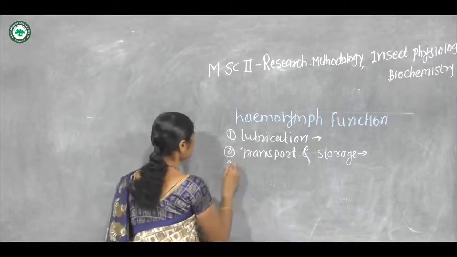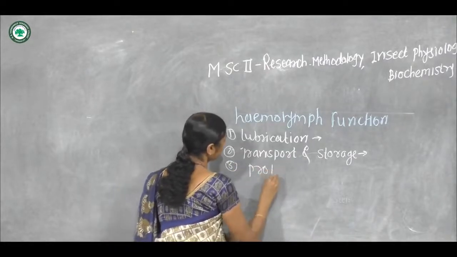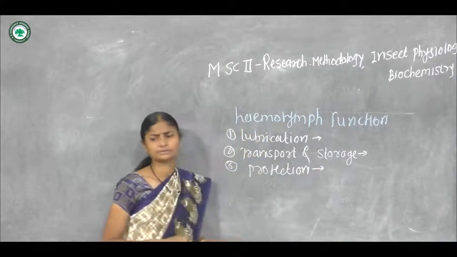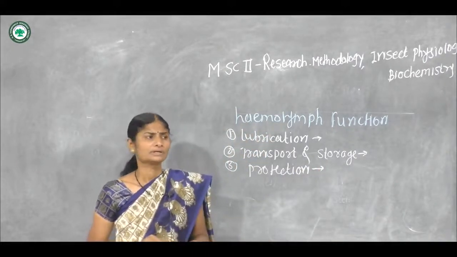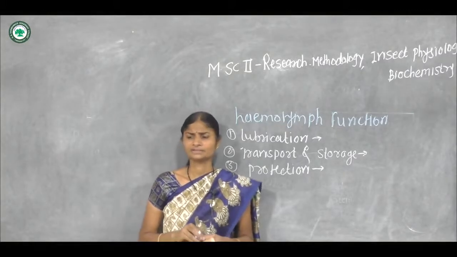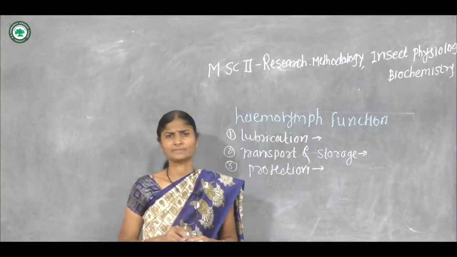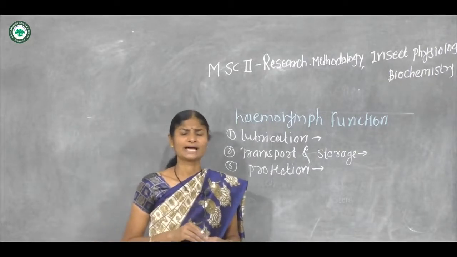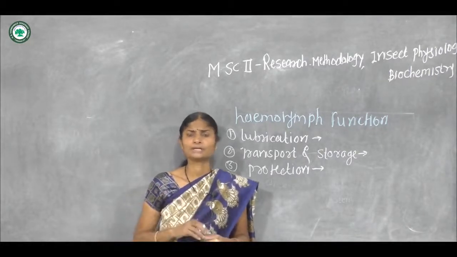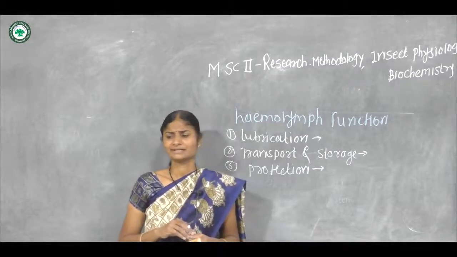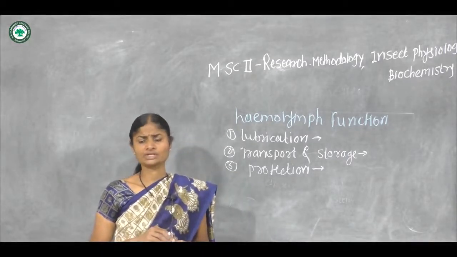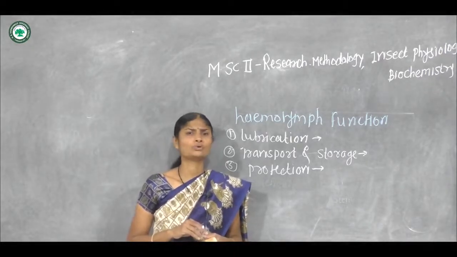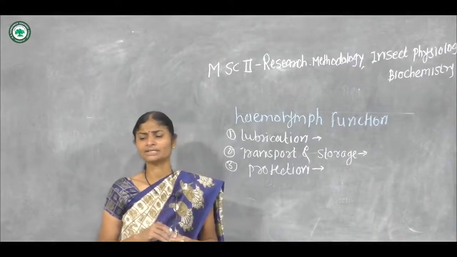Third function is protection. Hemolymph protects. It helps in phagocytosis, where the cell uses its plasma membrane to engulf foreign particles, as well as encapsulation and detoxification. Toxic substances are removed from the insect body.